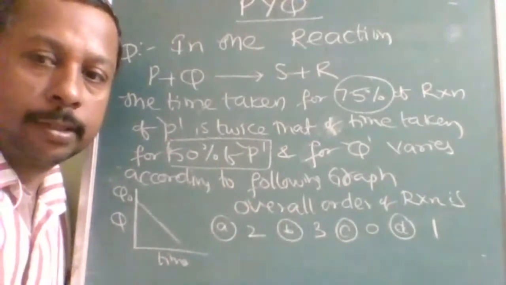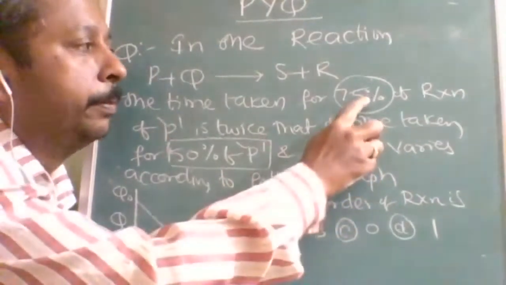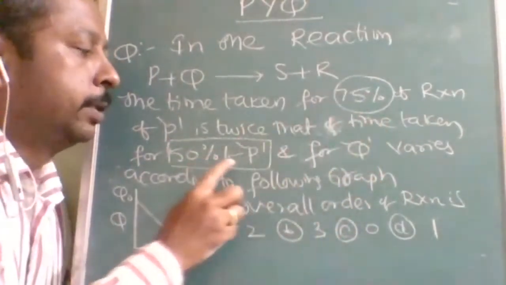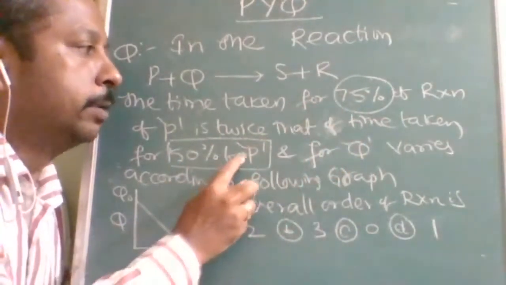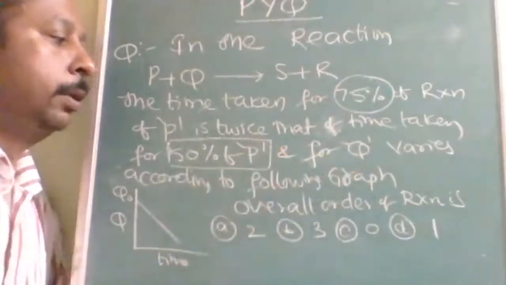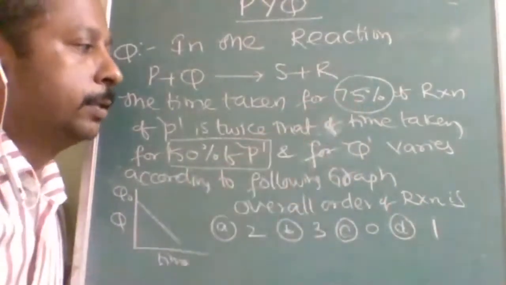First part: the 75% time taken is twice the 50% time taken. If this is 10 minutes, then it will be 20 minutes. If it is x minutes, this will be 2x minutes.